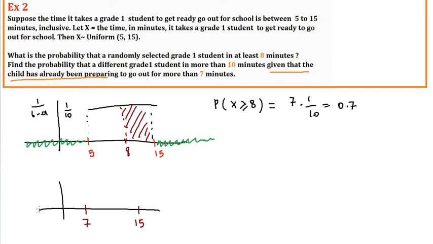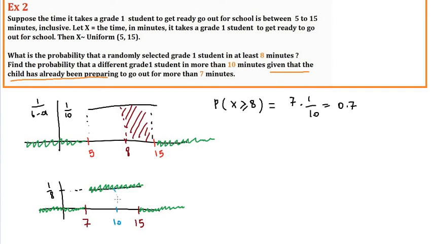And our PDF is 0 up to 7 and 0 greater than 15. We have some height of the function here, which is going to be the new PDF, 1 over b minus a, which is 1 over 15 minus 7, which is 1/8. Now we're going to calculate the probability that the student takes more than 10 minutes to get ready.